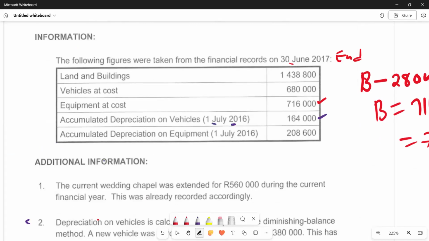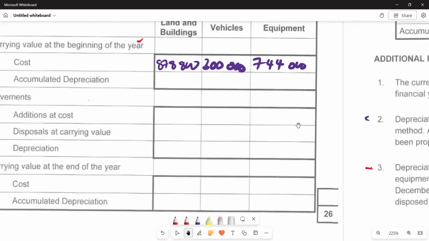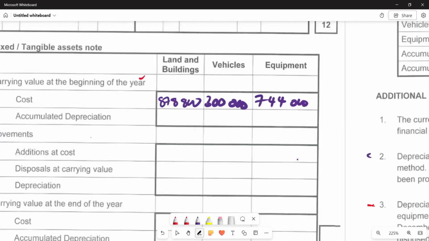So these are going to be our balances at the beginning. Then for accumulated depreciation on equipment, we are given 208,600 at 1 July 2016 again, which is at the beginning. So you can take the figures in there and enter them. So for vehicles, accumulated depreciation, we have 164,000.